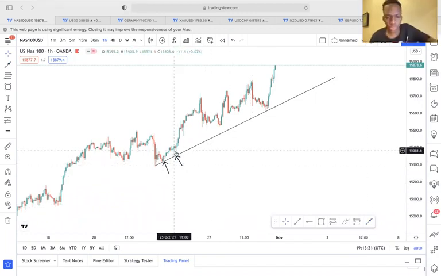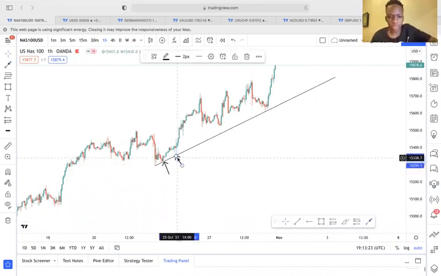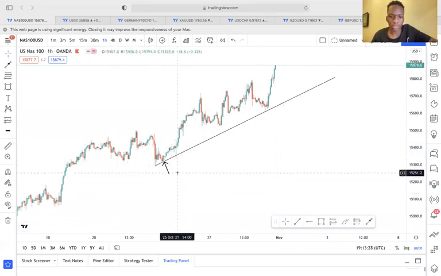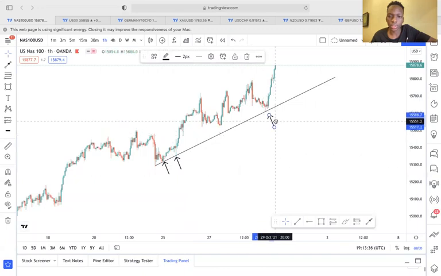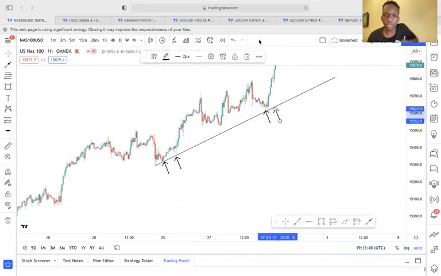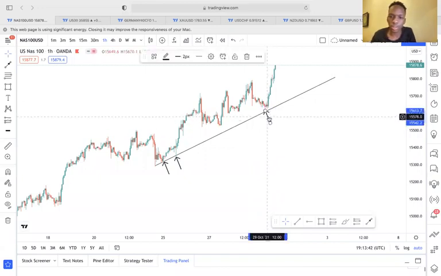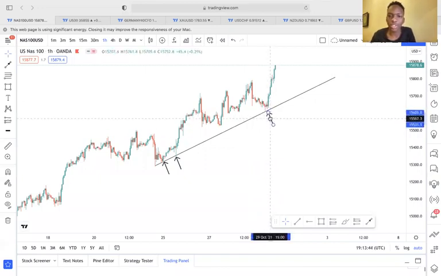Let me just do this actually. Copy. Okay, no, wait. There we go. 2, 3. So you can see we got 3 touches, right?